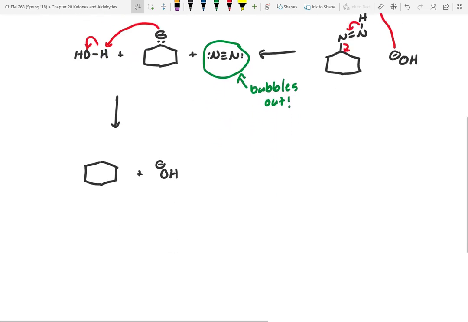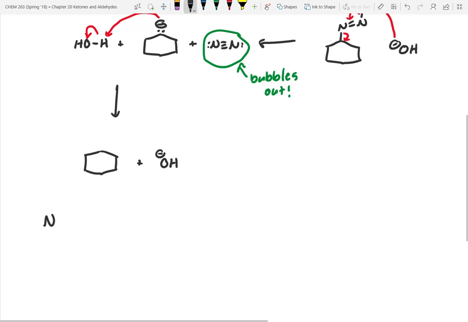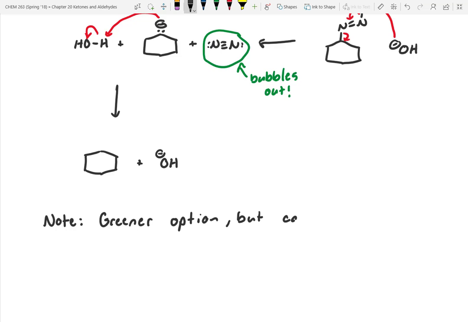I did want to make a note, just say it is a greener option, but can't be used if you have a base-sensitive functional group.